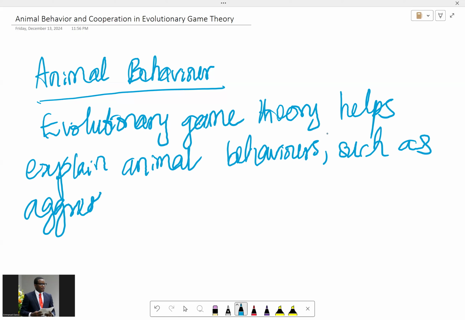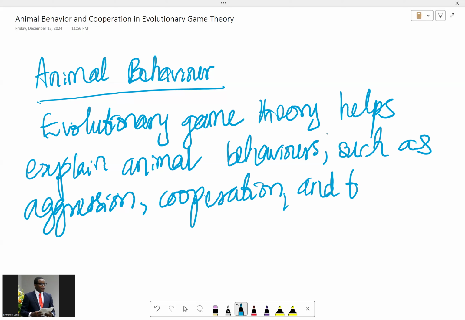We looked at the idea of aggression in the hawk dove game, where we see the hawks as aggressive, and we see cooperation, which is very easy for a dove. And then we have ideas like territoriality, animals protecting their territory.